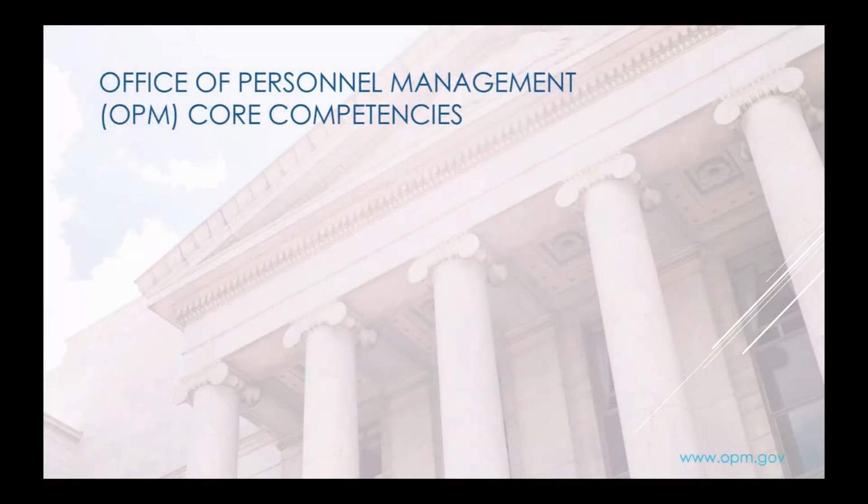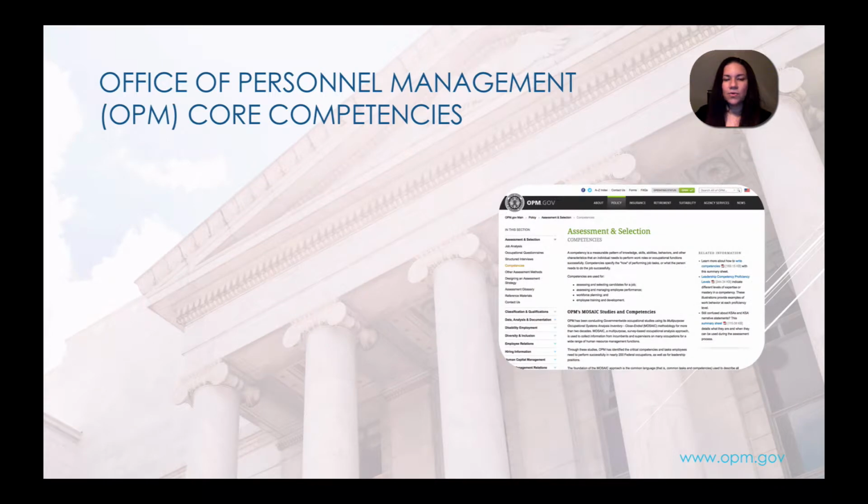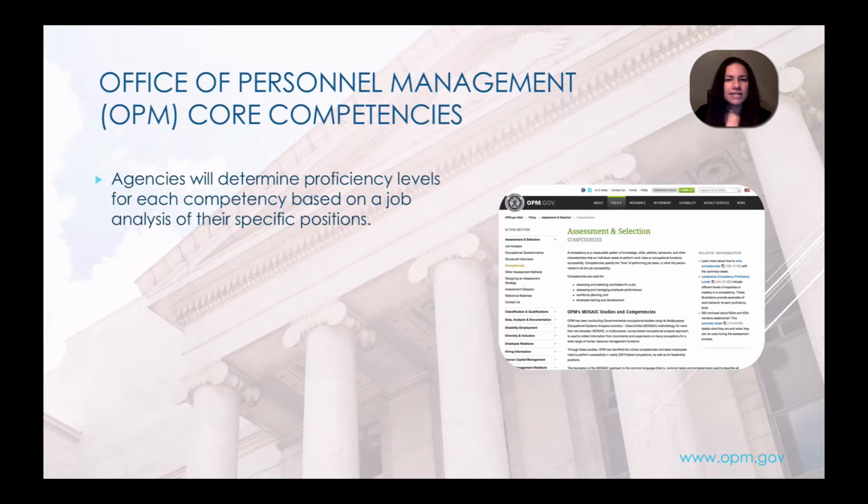Agencies match and compare candidates by utilizing core competencies. You may qualify for many positions, but how do you match up to other candidates you're competing with? Agencies will determine proficiency levels for each competency based on a job analysis of their specific position.